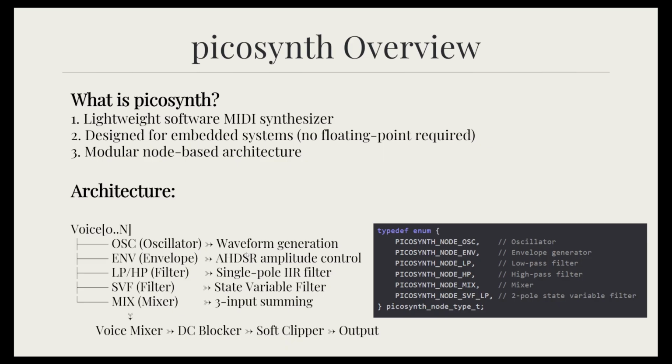After mixing, the signal goes through a DC blocker and a soft clipper, and then we get the final output sample. This design is clear and modular, but it also means that for every single audio sample, we repeat many small DSP operations, and we repeat them again for every voice. That is why hardware acceleration is very useful here.